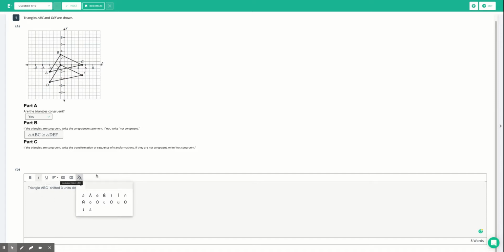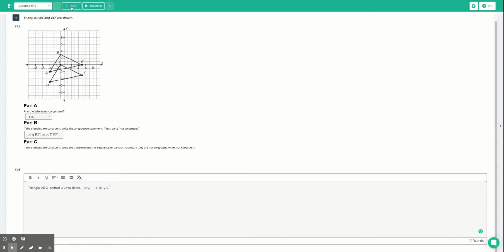I don't have a little arrow symbol, so I'm just going to put a little dot, dot, dot. So that would also be another way that you could write that. So that would be number 1.